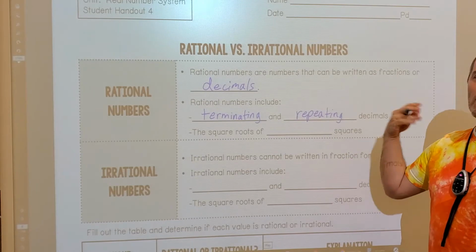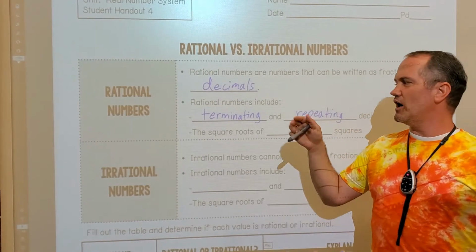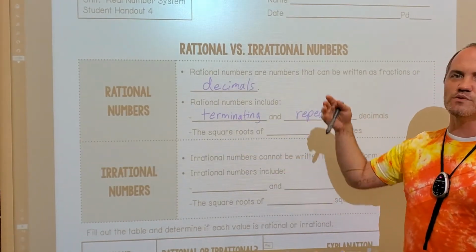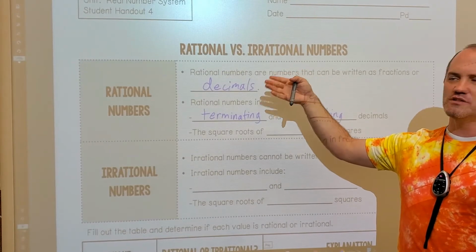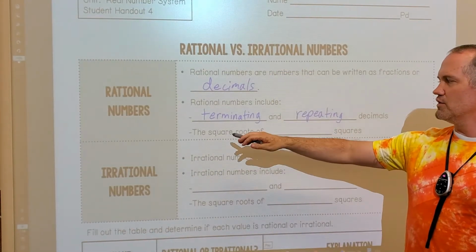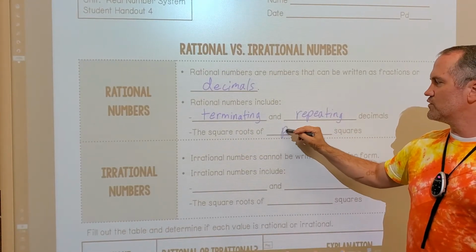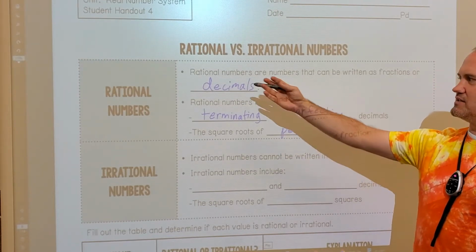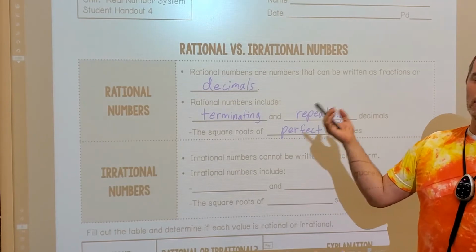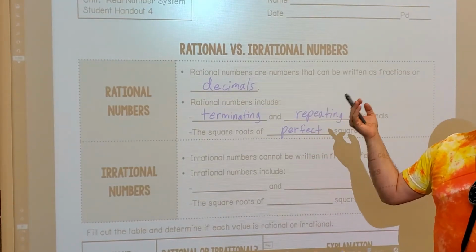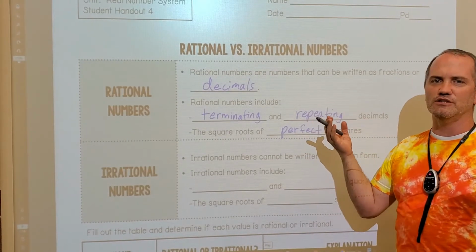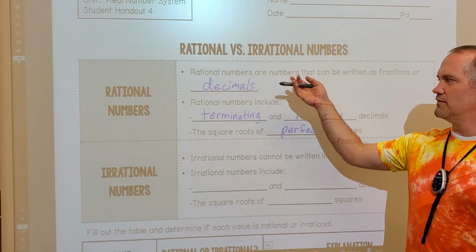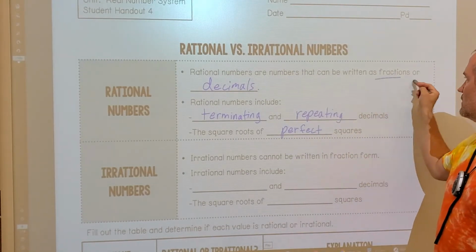You remember from that lesson, hopefully, that we got terminating decimals and repeating decimals by converting fractions into decimals. Also, square roots of perfect squares really are the same thing as any of these numbers. You can also take a regular 5 or 6 and change that to a fraction as well.